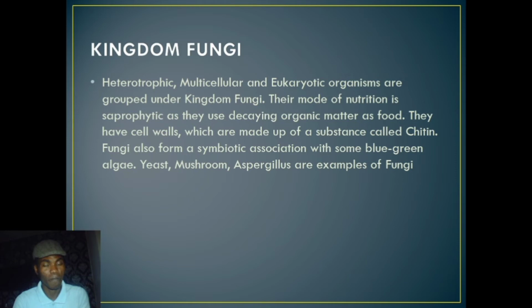What does that mean? This means that all major organisms under the fungi kingdom feed, and their feeding process is a form of decaying. That is, they feed on organic matter through the process of decaying that particular matter.